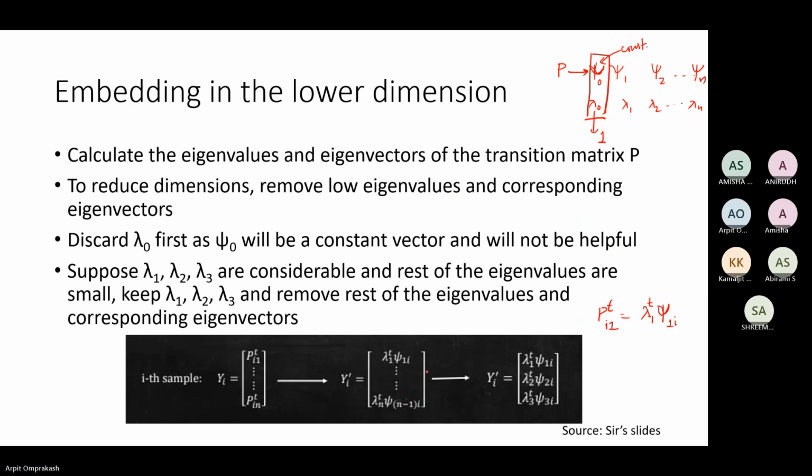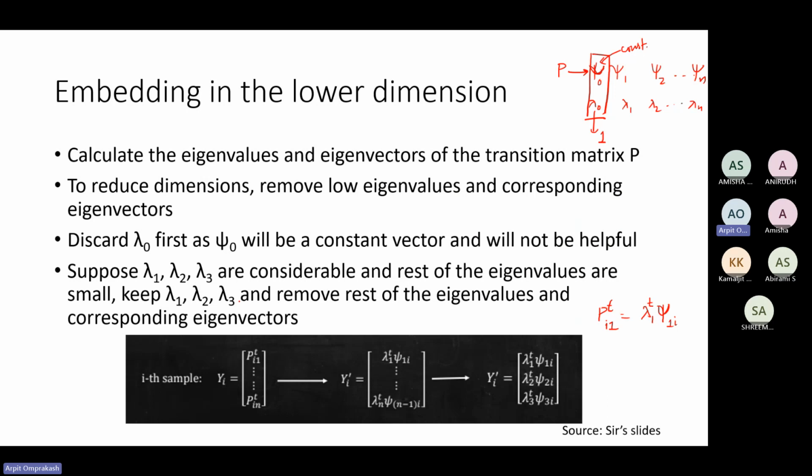Now we can further reduce to a lower dimension. We'll first arrange these eigenvalues in decreasing order, lambda 1, lambda 2, lambda 3, and so on. Just as with PCA, we'll keep the eigenvalues that are high, and we'll discard all the eigenvalues and eigenvectors that are low.